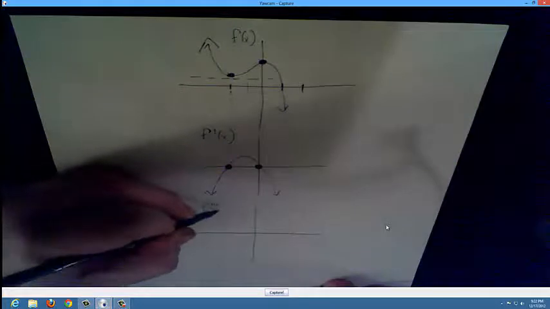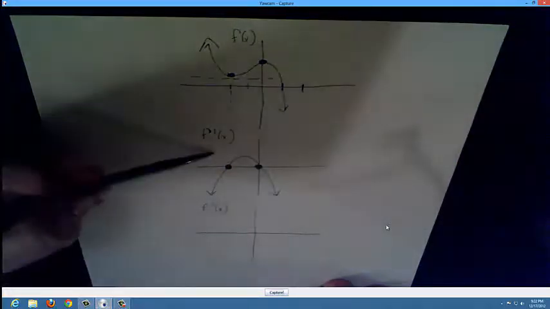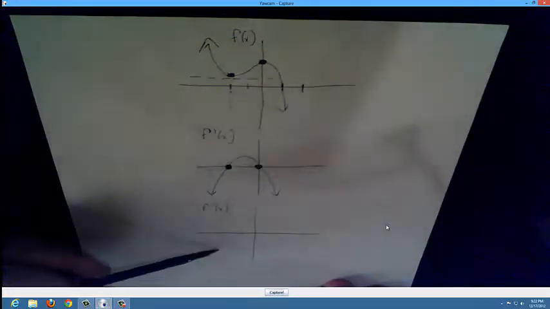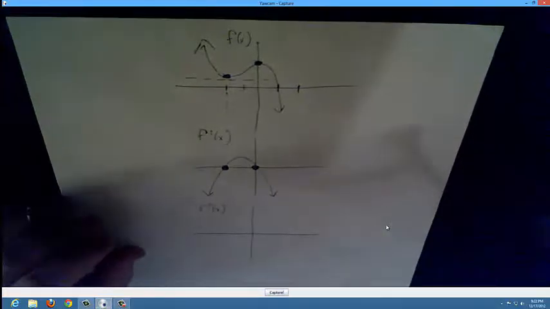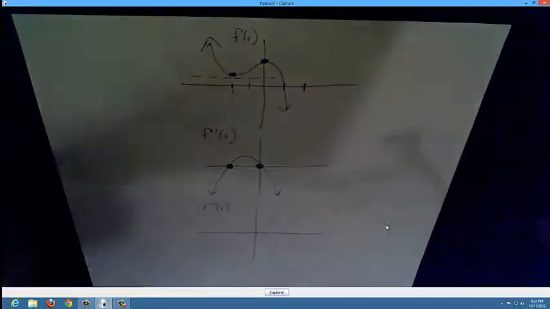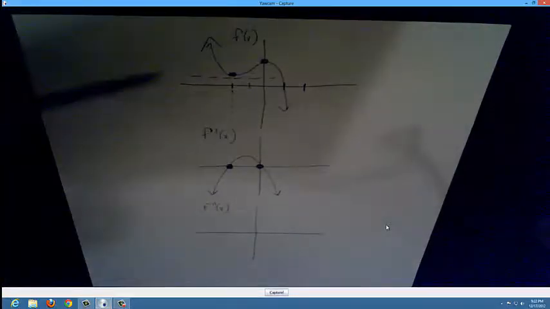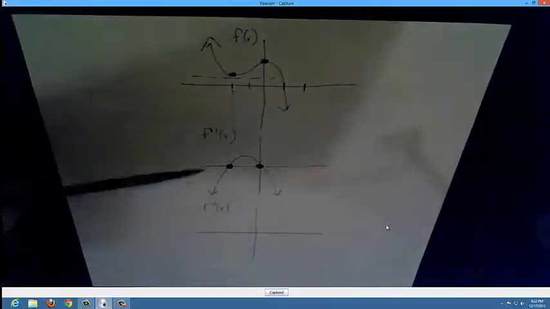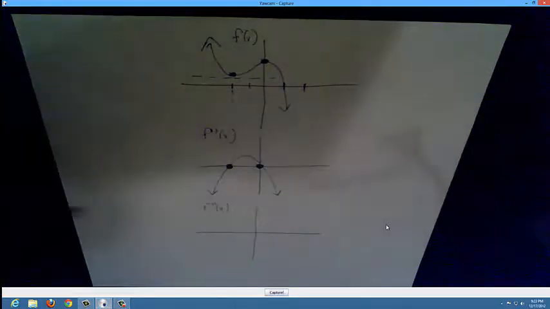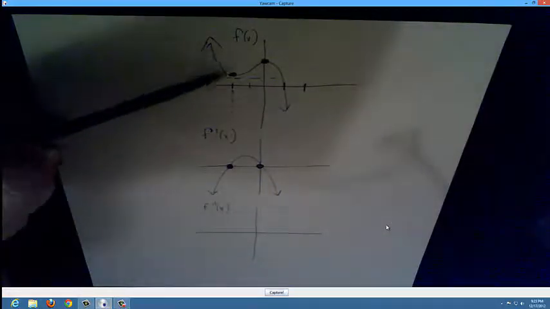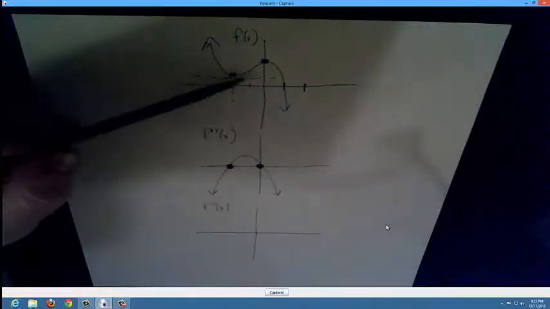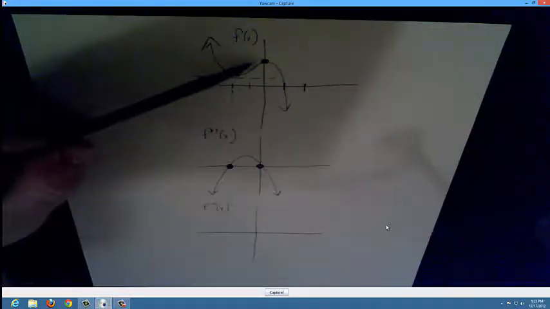Now, we could just take the first derivative and graph its derivative, and that would give us a fine and dandy second derivative. However, on the calculus test, if we were given the actual function and we want to graph the second derivative, we can actually just skip this process and probably be able to identify multiple choice answers just based on the fact that since this section is concave up, the second derivative is going to have to be positive wherever it's concave up.